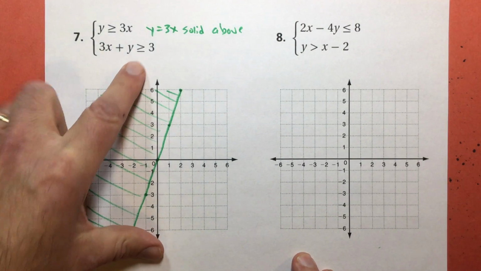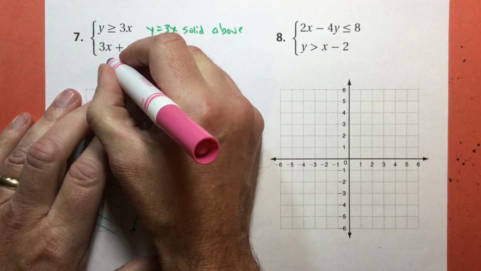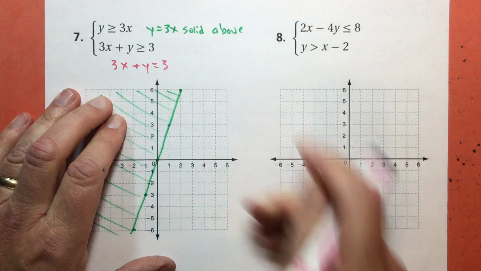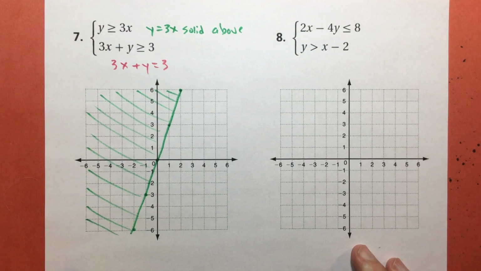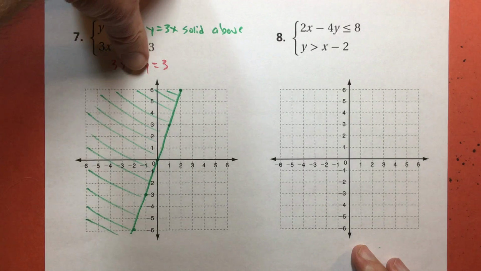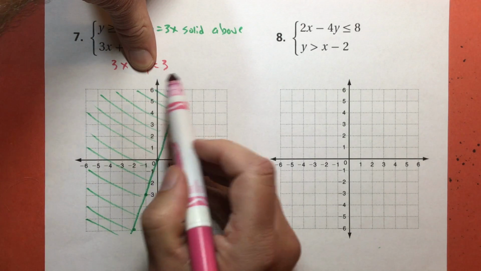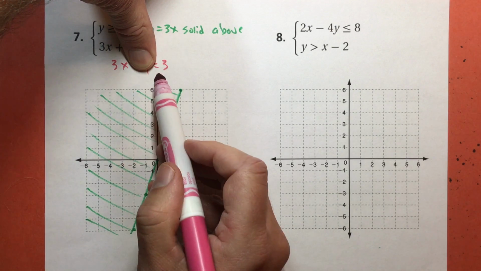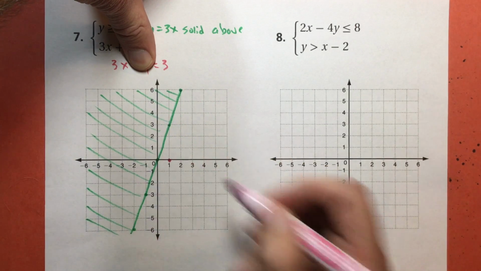This one is in standard form. So my boundary line in standard form is 3x plus y equals 3. I can graph this using the intercepts. If I let y equal 0, which is where the x-axis is, divide by 3, I get x equals 1, which is right here.